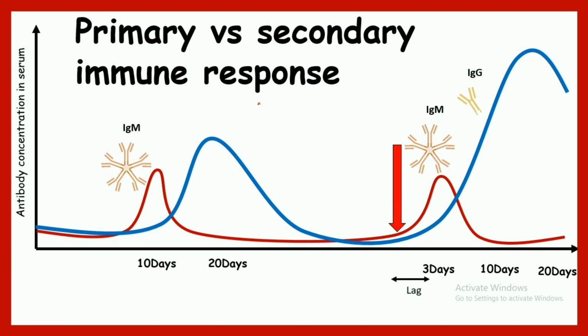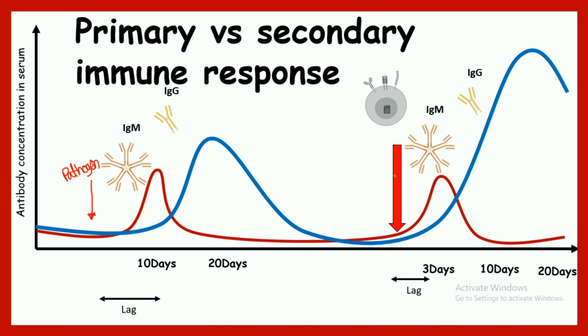Notice that the primary immune response has a lag period, and that lag is pretty long. So here is the pathogen exposure, and after the pathogen exposure it takes 10 to 12 days for generation of IgM antibodies. After that IgG antibodies are generated.